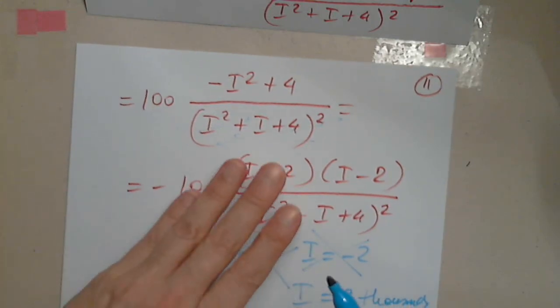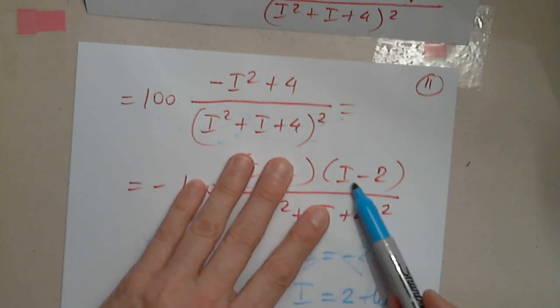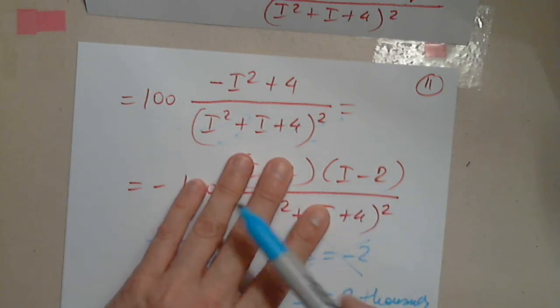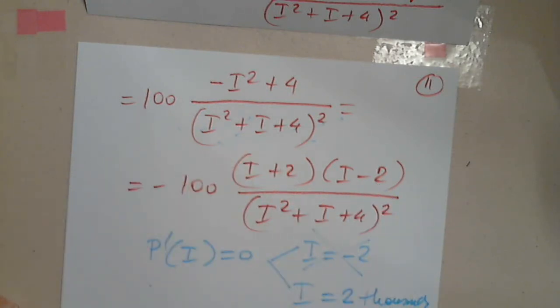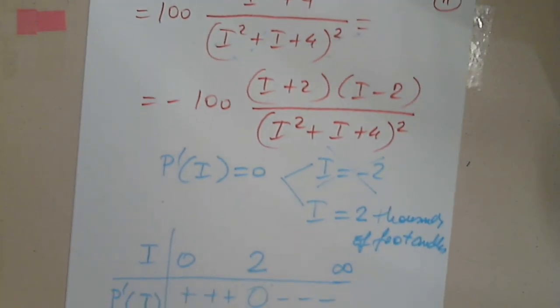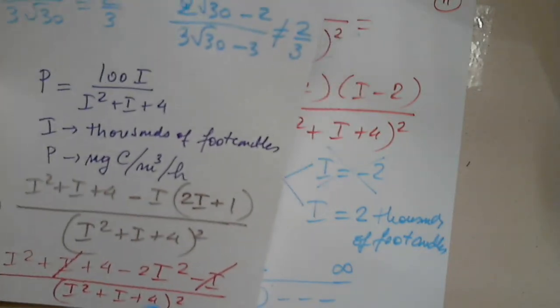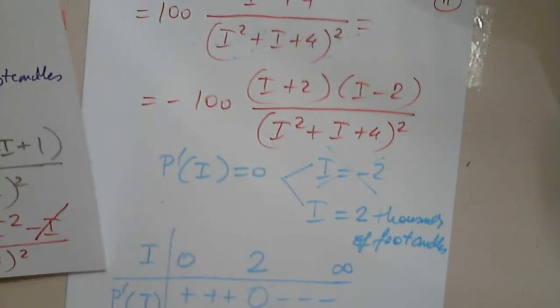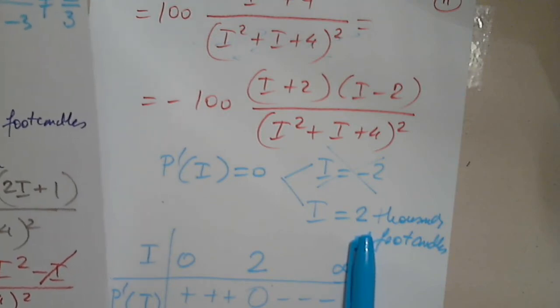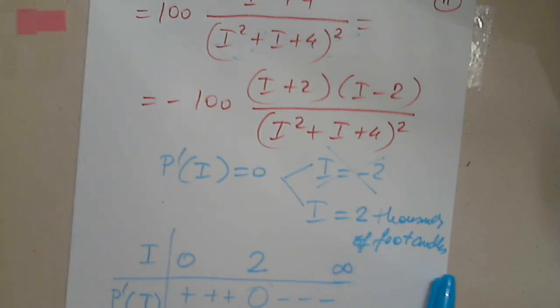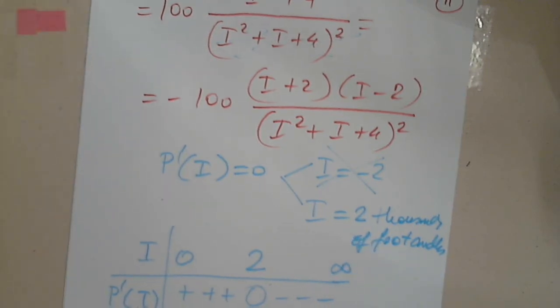When I plug in 10, all this is positive. 10 minus 2 is 8, with minus in front is negative. So this is definitely a situation for a maximum. And we were asked to determine, and we showed why, and the answer is 2 thousands of foot candles.